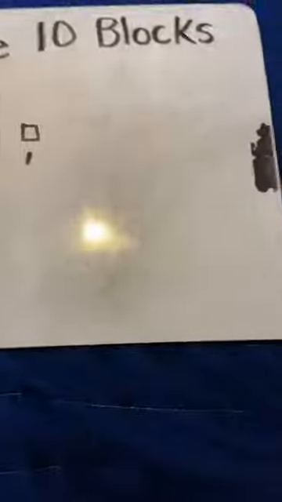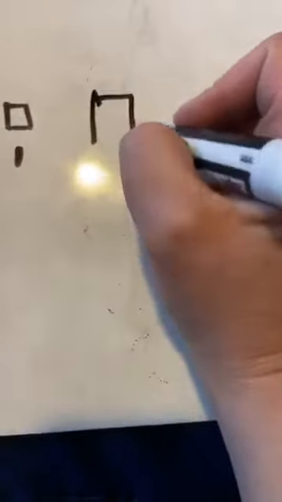I'm going to give you one more to see before we move on. If you can figure out this. Okay, here we go. Let me draw it out for you.